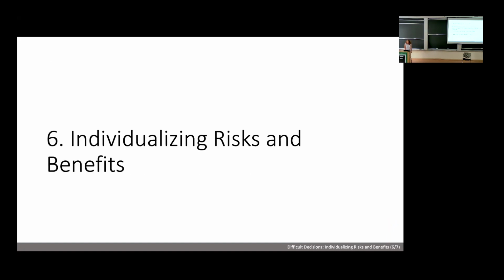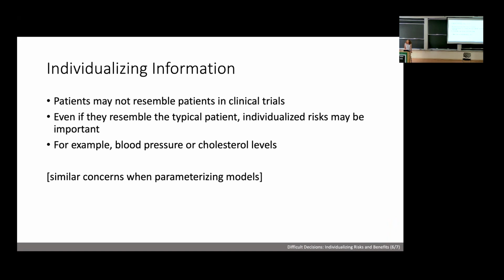Individualizing risks and benefits. Individualizing information can be very challenging in the clinical setting, but I'd say this is true everywhere else too. Patients that clinicians see may not resemble the patients in the clinical trials. And even if they resemble the typical patient, individualized risk may still be important because of some specific characteristics. This is also very similar to when you think about modeling and the data that you work with, right?